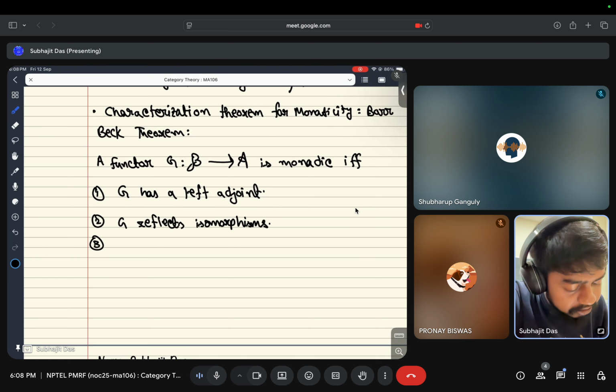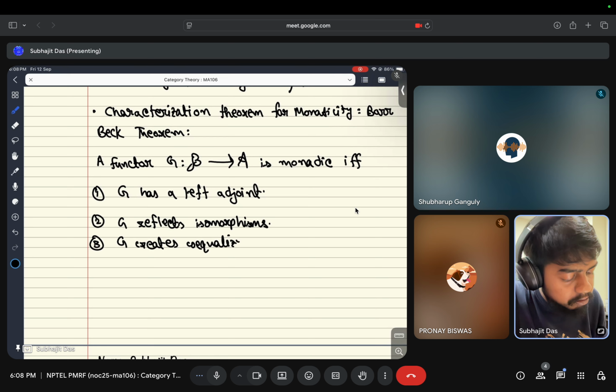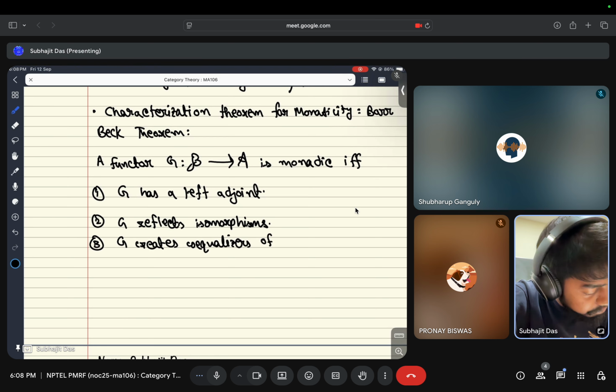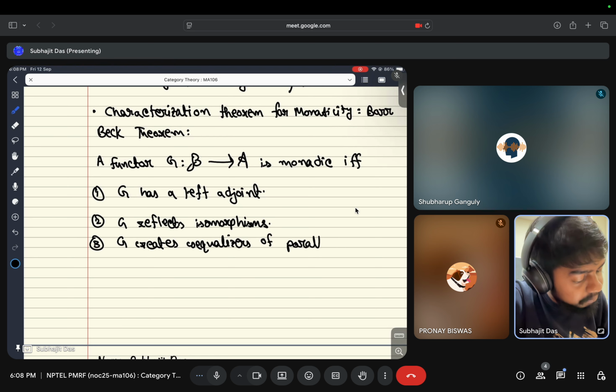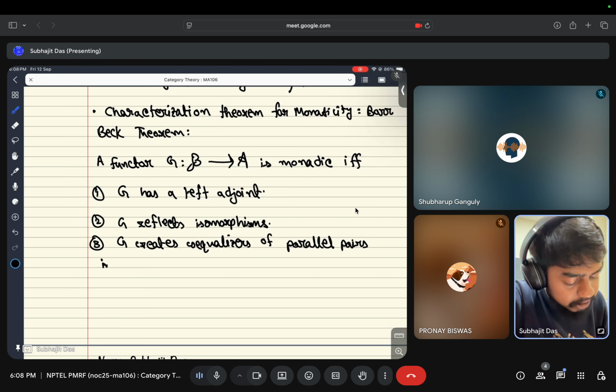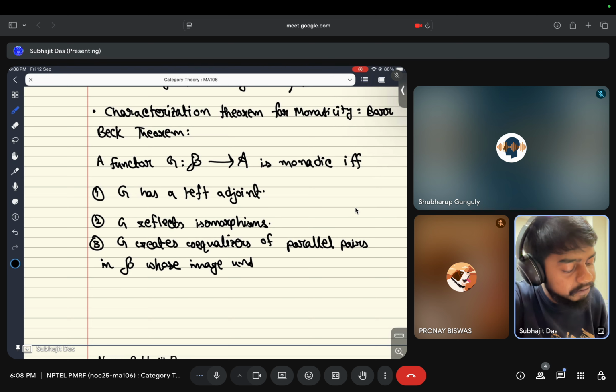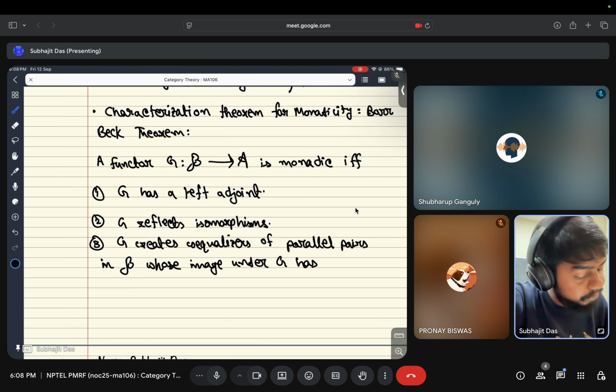and G creates co-equalizers of parallel pairs in B which are G split, or whose image under G has, what should I say, a split co-equalizer.